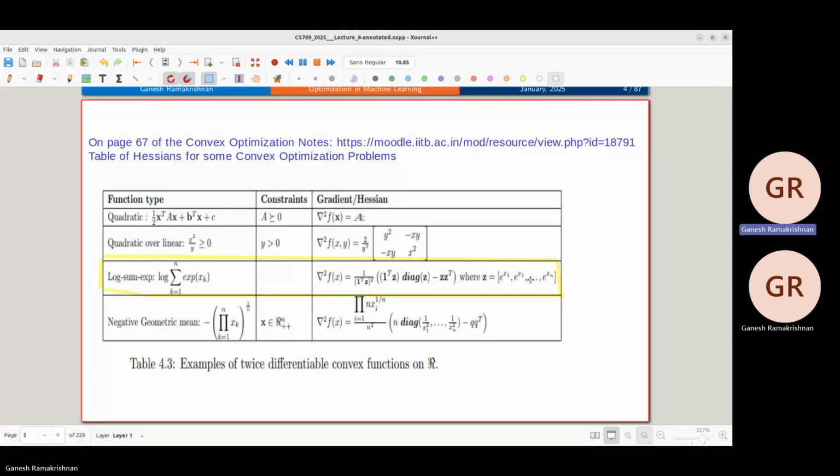Okay, so the question is then, going back, this is my Hessian. What happens if I put a v transpose here and a v here? What do you think will happen? Pre-multiplying by v transpose, post-multiplying by v.